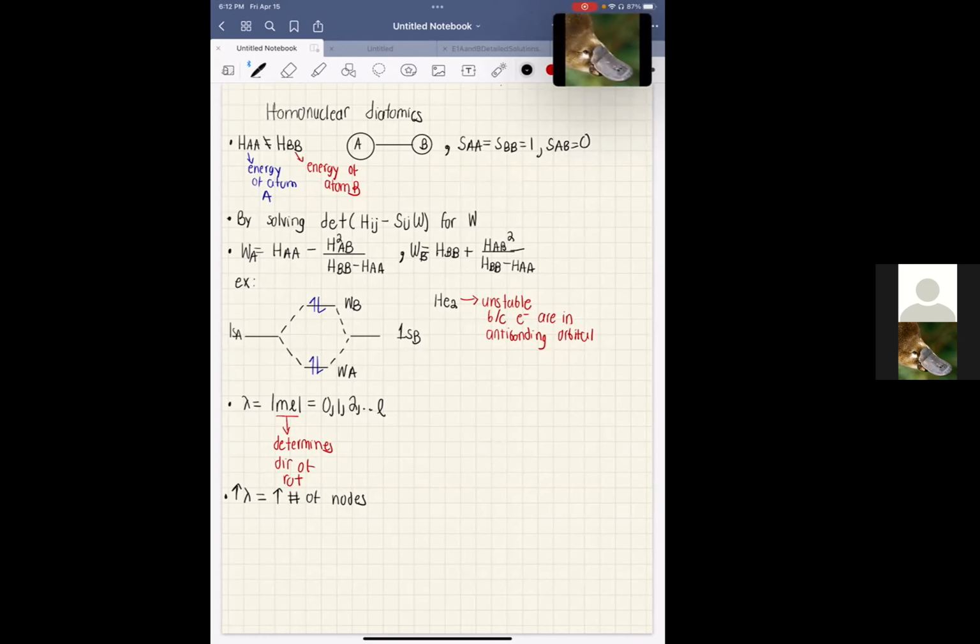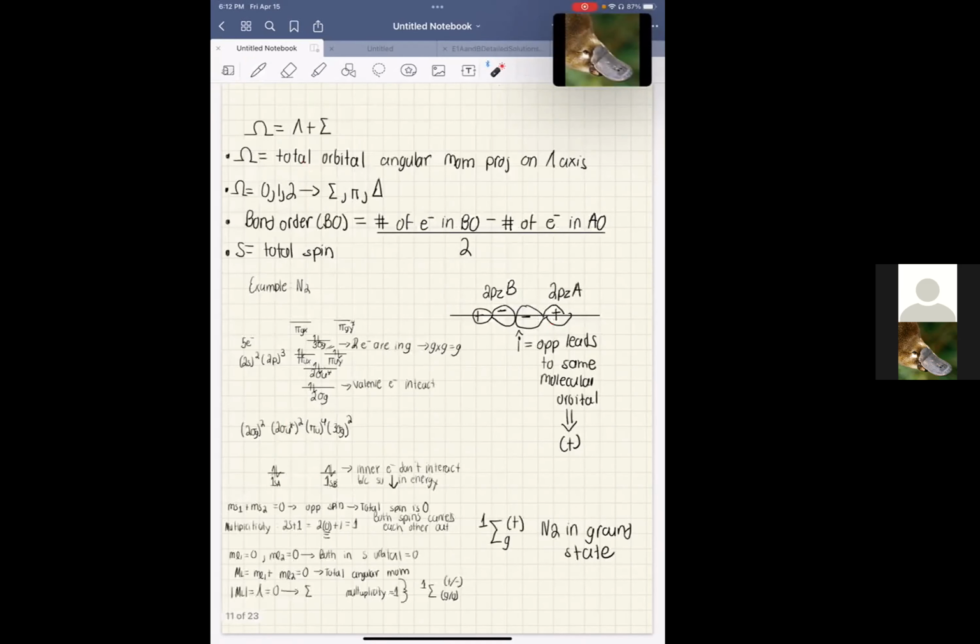And this symbol here, I forgot what it's called, but it's right here. It's related to the absolute value of ml, and we use these on each atom. We add these together to find out the molecular symbol for it. So I'll show you here next.